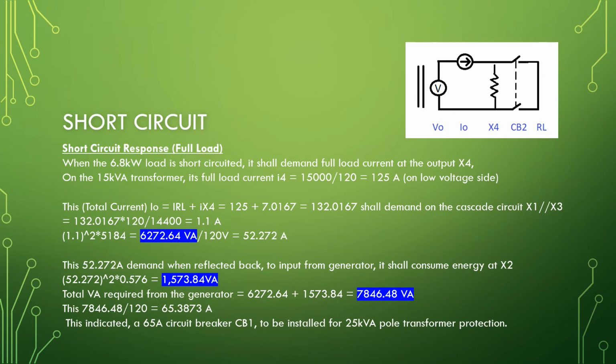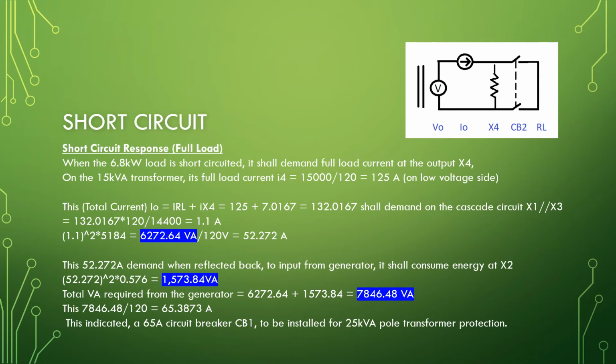This total VA required from the generator equal to 6,272.64 plus 1,573.84 equal to 7,846.48 VA.